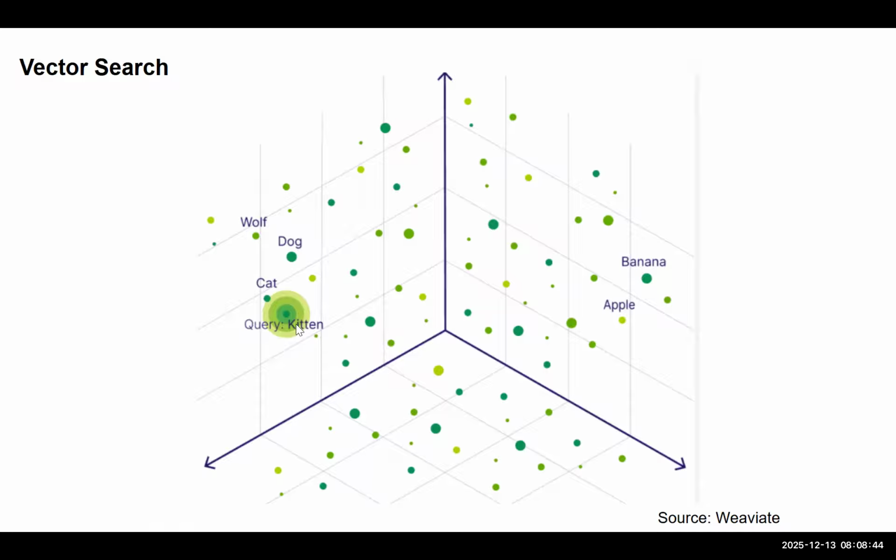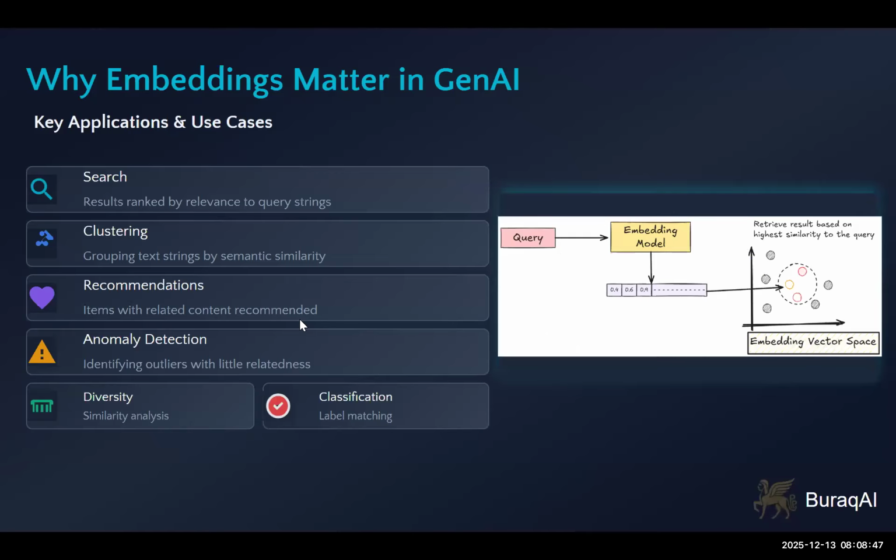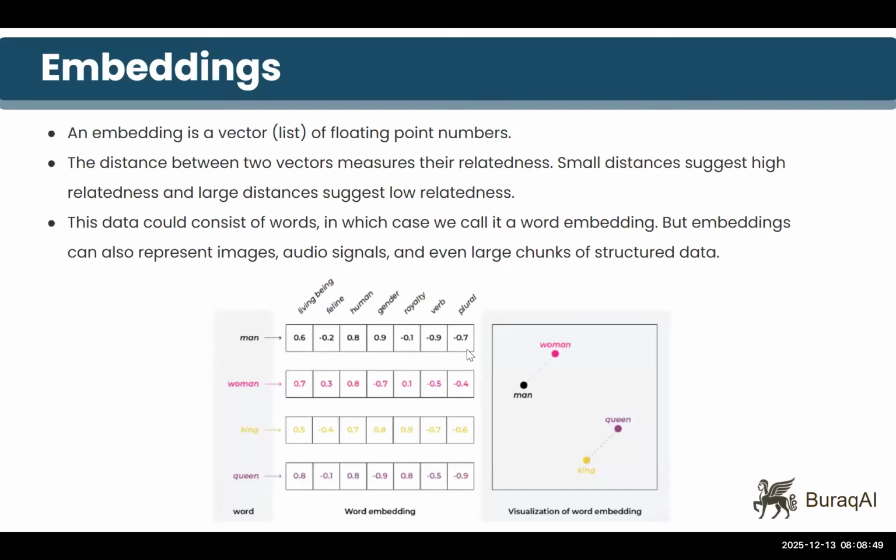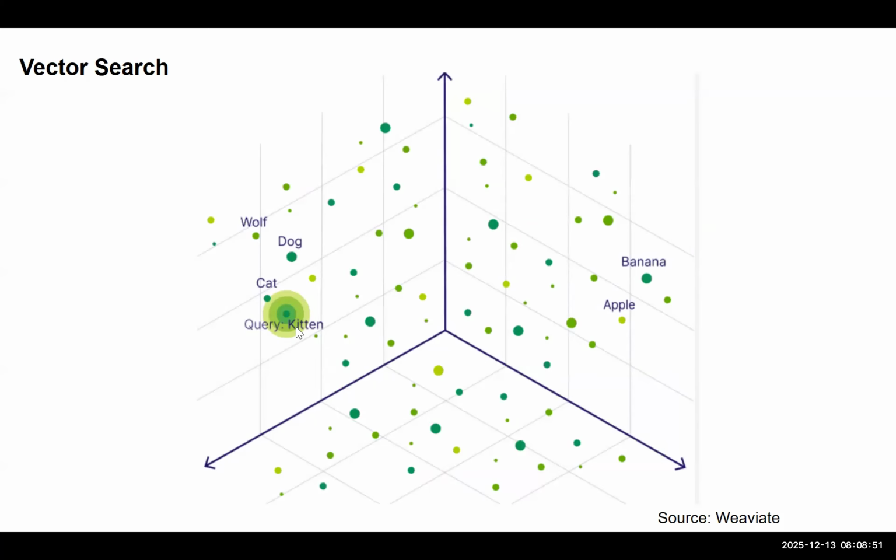The kitten is first converted into embeddings, and that embedding says where it will fall in this space. So let's say kitten falls here based on the embeddings it has generated. Using that embedding, it will search for its nearest neighbors. It falls very close to the cat, because a kitten is the baby of a cat. So it will get this.